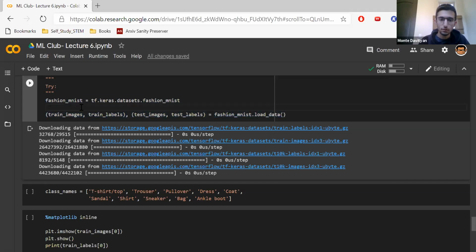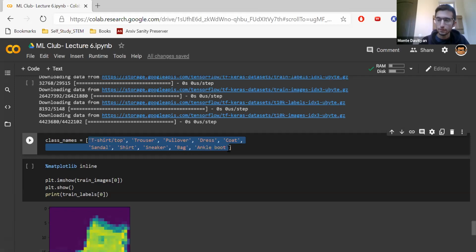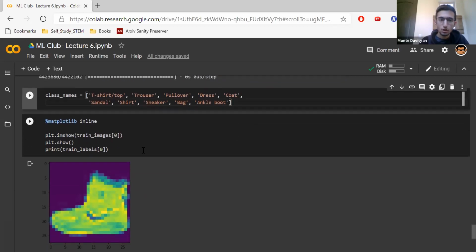This is the starter code. This is going to download the data for you and store it in these variables. And there's going to be this number of classes: 1, 2, 3, 4, 5, 6, 7, 8, so 10 different classes. Each image might be a t-shirt, might be a trouser, and so on.